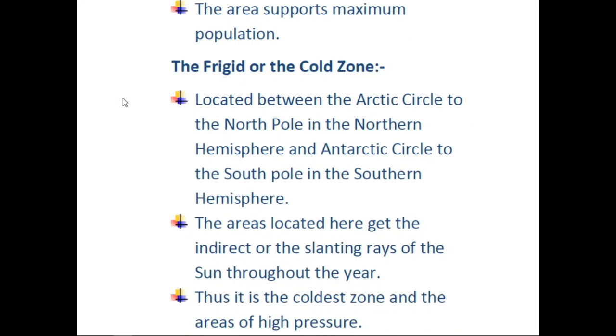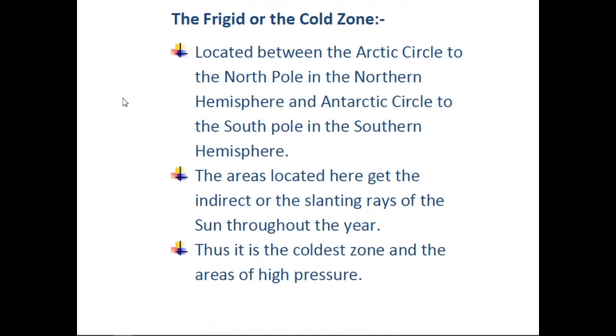The frigid zone or the cold zone. It is located between the Arctic Circle to the North Pole in the northern hemisphere and Antarctic Circle to the South Pole in the southern hemisphere. Here the areas receive the indirect, you can say the oblique rays or the slanting rays of the sun throughout the year.